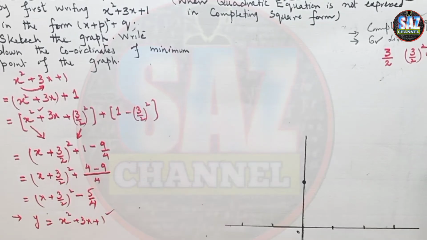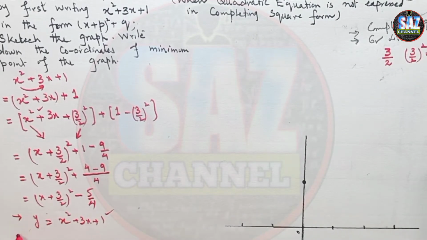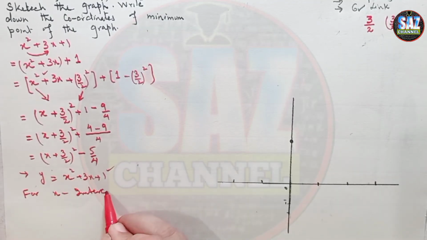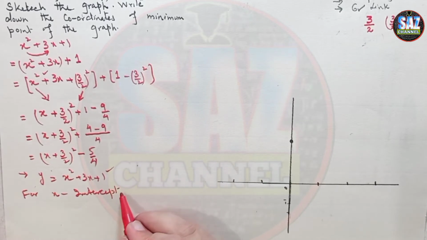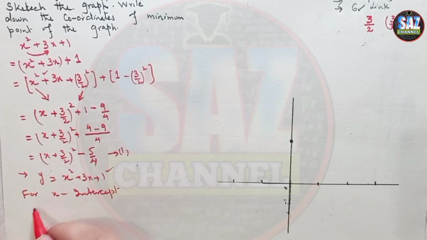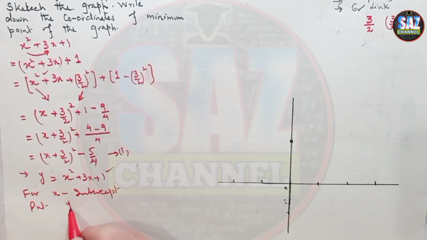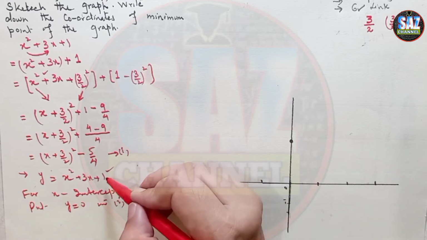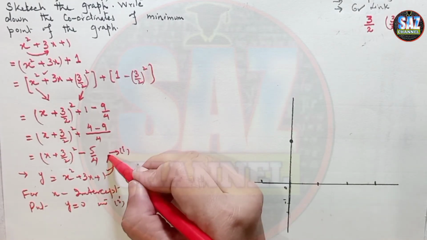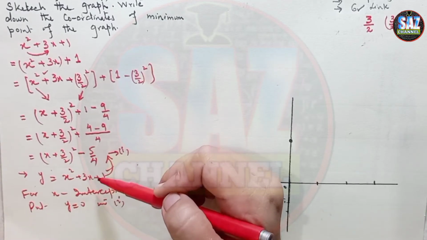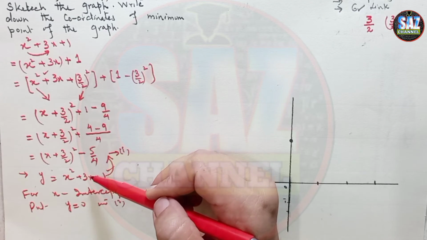First of all, we have to find the x-intercept. For the x-intercept, we put y equals 0 in equation 1. When I put y equals 0, because these 2 are the same forms, this (x plus 3 by 2) whole square minus 5 by 4 is the alternative form of the given expression.